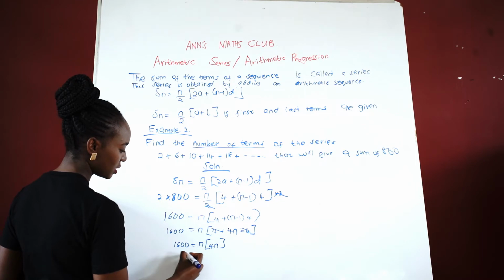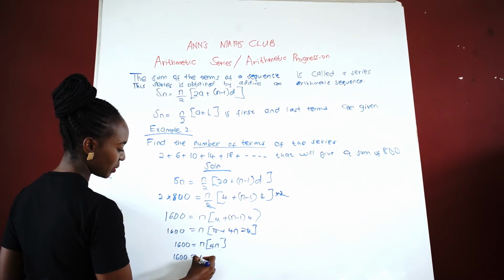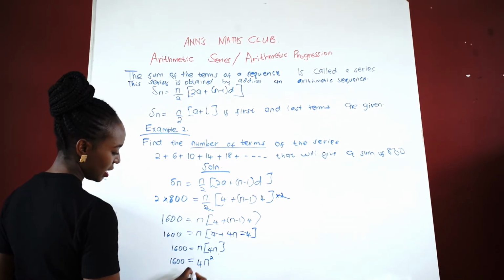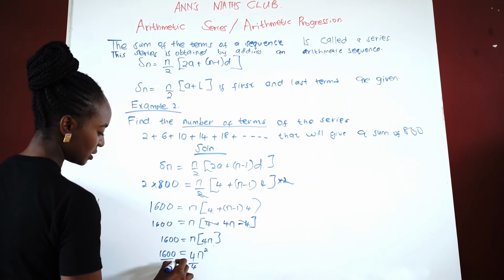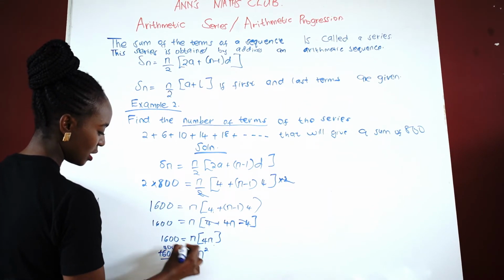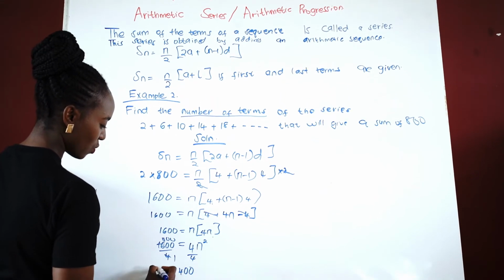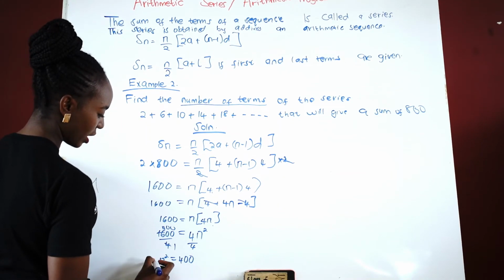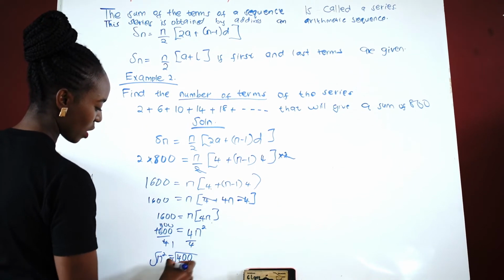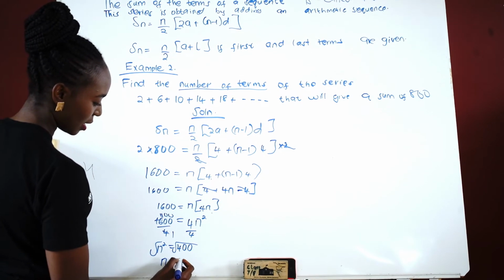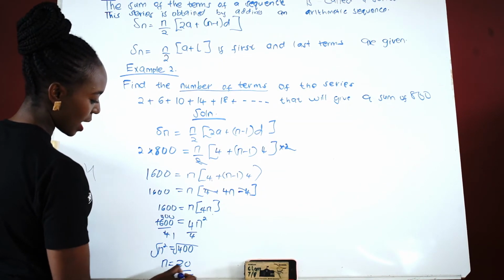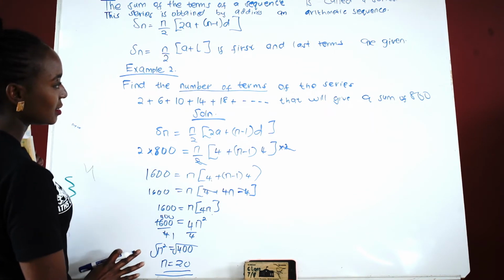When you open the bracket it becomes 4n squared. Divide by 4 on both sides and you get 400. So n squared is 400. Then we apply the square root on both sides, and this becomes 20. So n is 20, the 20th term.